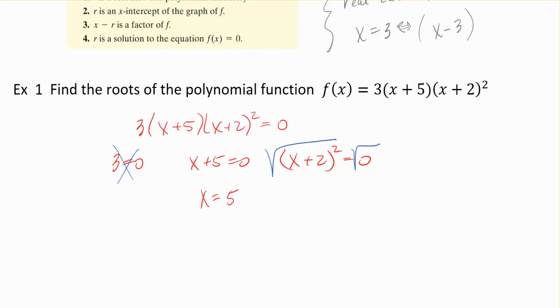And when I take the square root of both sides, that gives me just x plus 2 equals 0, or x is equal to negative 2. So from this, I can understand that this function here has x-intercepts, or roots, that are occurring at x is equal to negative 5 and x is equal to negative 2.